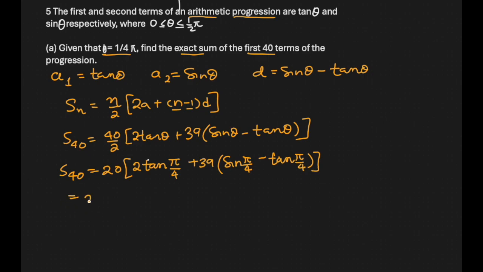Okay, which will be 20. Tan pi by 4 is 1, so we are just left with 2 here, plus 39 times (sin pi by 4 is square root 2 over 2, minus tan pi by 4 is 1 again).